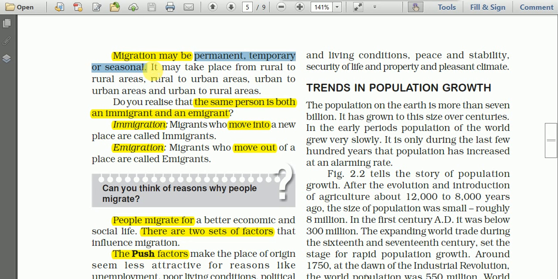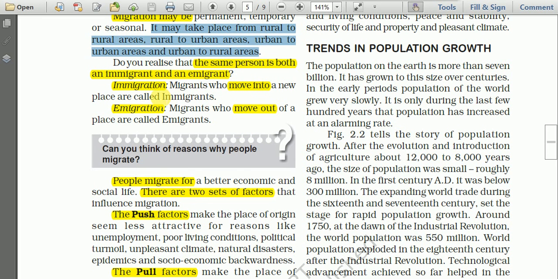Then migration may take place from rural to rural areas, rural to urban, urban to urban, or urban to rural. These are the different streams of migration. Migration may be from village to village, village to town or city, town to city, or city to village.